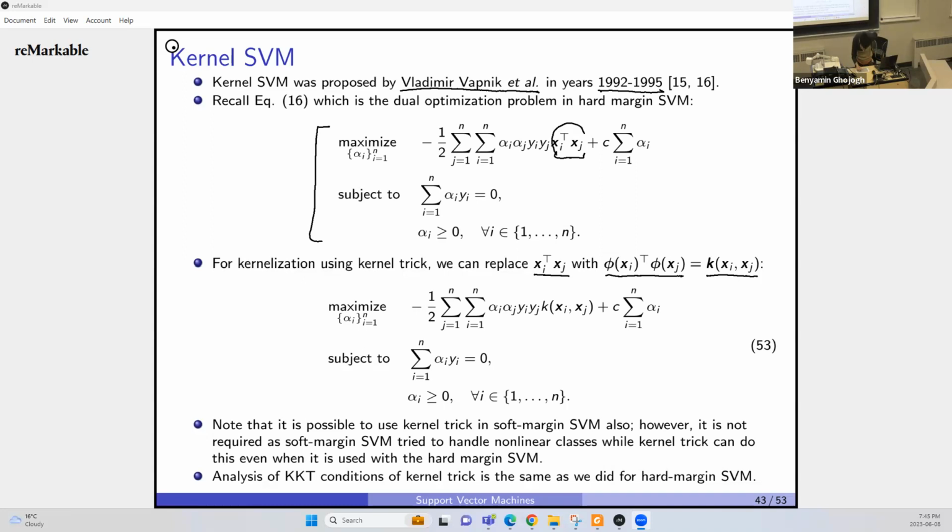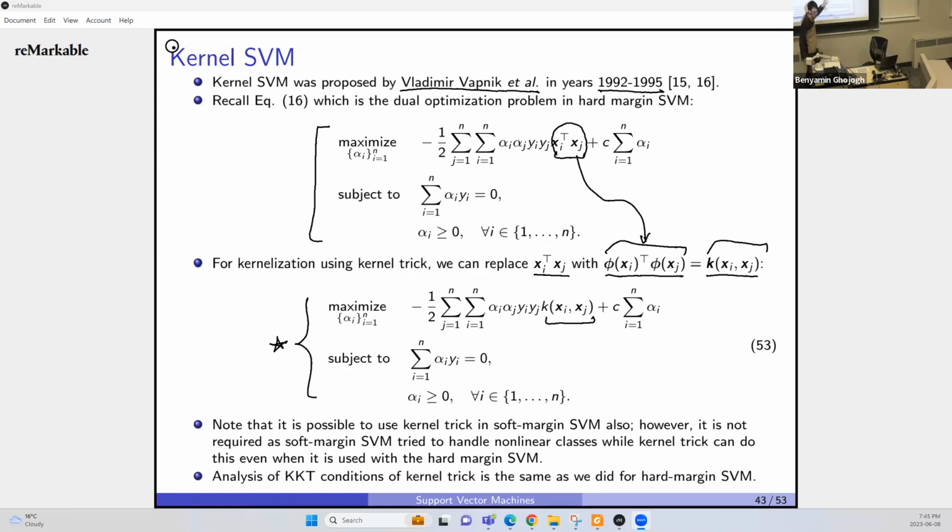Therefore, I replace phi xi transpose phi xj, which is equal to the kernel of xi and xj. Here it is. So this is an optimization problem. Take a look at equation 53. This is the dual optimization problem in kernel SVM.